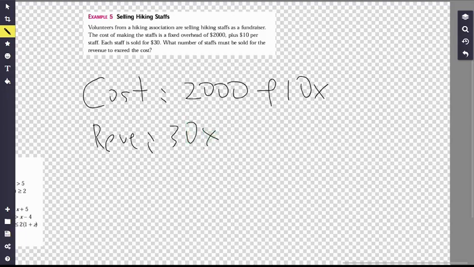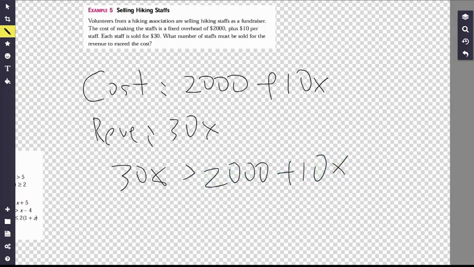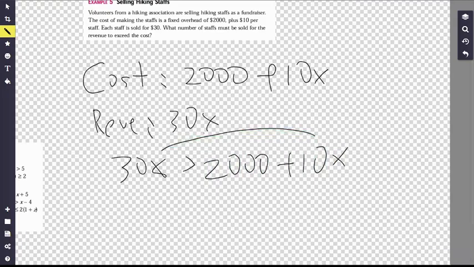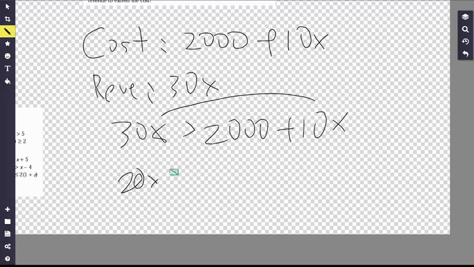So now we have to make sure that revenue exceeds cost. So 30x is bigger than 2,000 plus 10x. What do we do? Move the 10x over to the left. So that's going to be 20x bigger than 2,000. Divided by 20, x is bigger than... oh, wait, sorry. What am I doing? x bigger than 100.